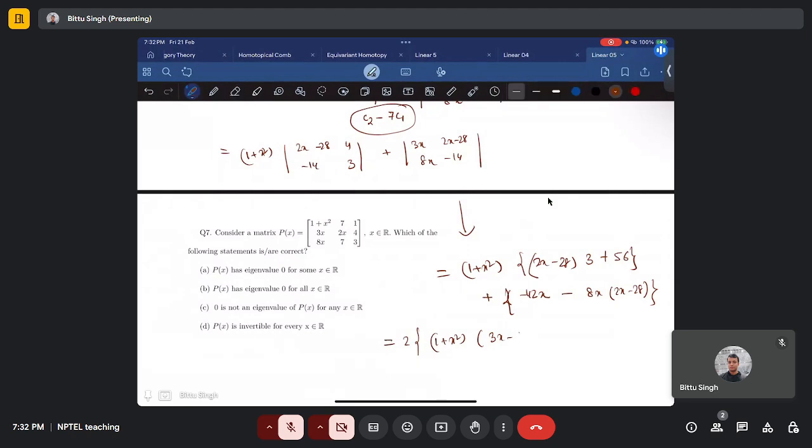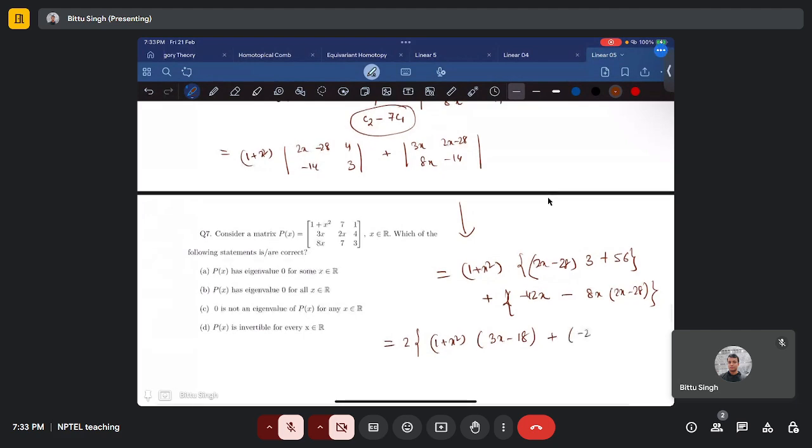So it means 3x minus 80 plus, 2 is already taken, so it is minus 21x and then minus 8x, right?